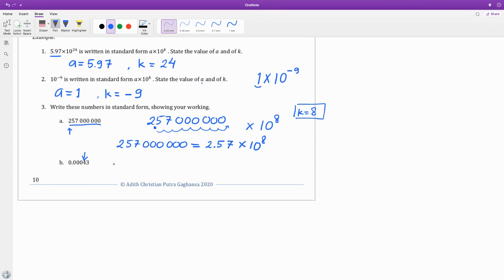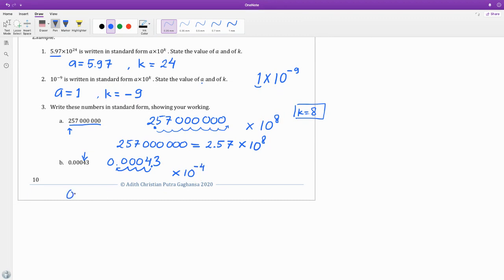And then we have to place the decimal point immediately after the first significant figure, so it should be here. And then moving the decimal 1, 2, 3, 4 places to the left is the same as multiplying by 10 to the power of -4.